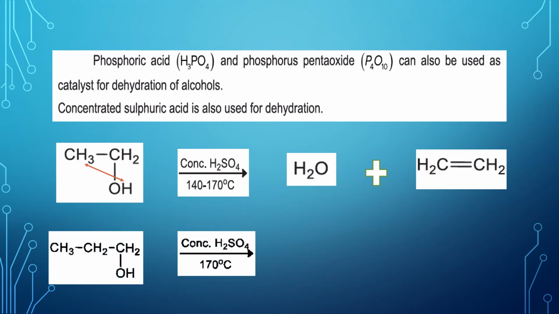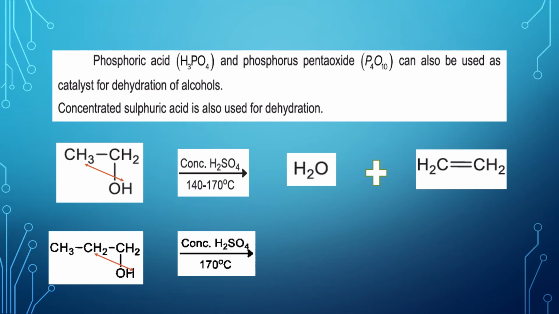Another example, in this you can see, is propanol, propyl alcohol. This propyl alcohol can also be dehydrated in the presence of sulfuric acid at 170 degrees centigrade. So what happened? Hydroxide from the one carbon atom and hydrogen from the other carbon atom is removed.